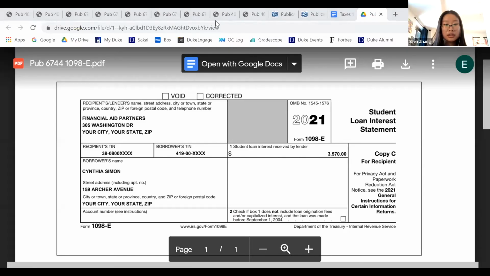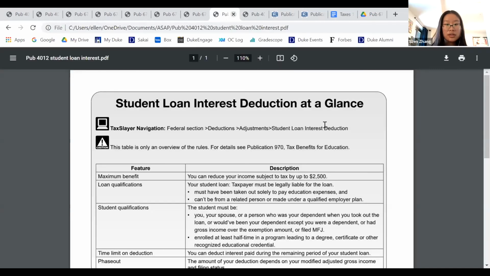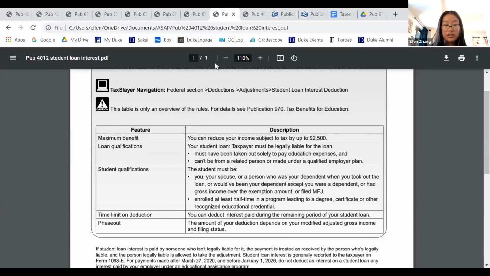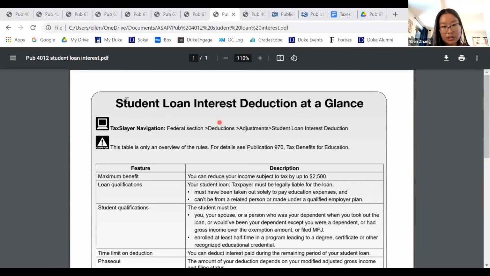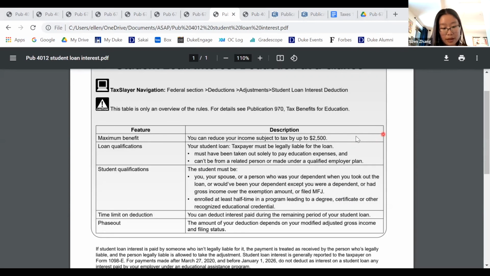Let's see. Here we go, student loan interest deduction. So let's go through all the bullet points that were on the previous slide to see if any of them qualify for this deduction, the student loan interest deduction. So first off, we have Emma is the dependent of Alice and John. All right, so this falls under student qualifications.